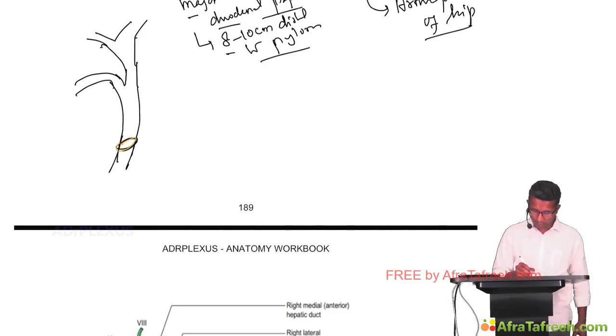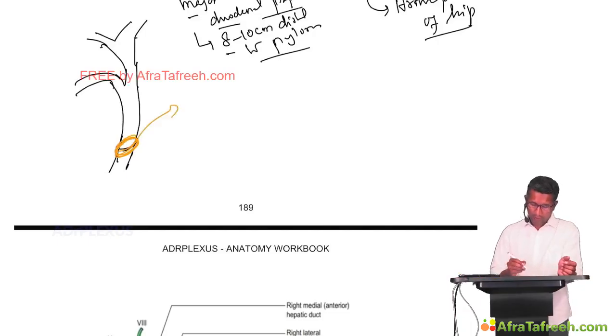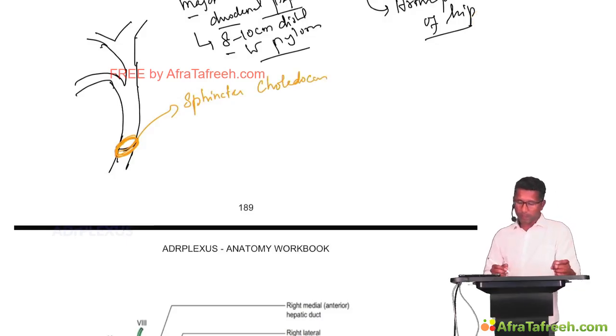The lower part of the bile duct is surrounded by a sphincter. The sphincter which you see here, surrounding the lower part of the bile duct, is called the sphincter choledochus.